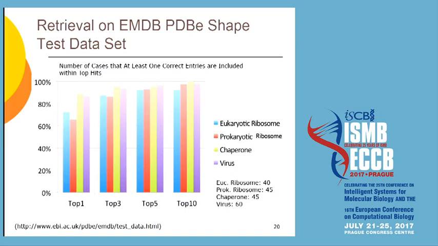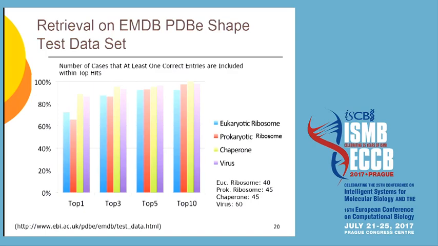We did a search test to see whether, from each query, we can get EM maps of the same type in the top hits or not. This is how the results look. In about 80% of the cases, the top hits include structures of the same type.